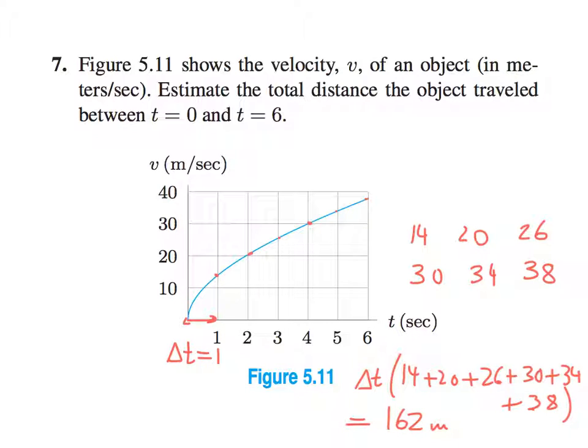However, keep in mind that this will not be the exact distance driven, because what we essentially computed is the area of these rectangles here, as before. And since they're always above the function, we overestimate the actual distance driven.